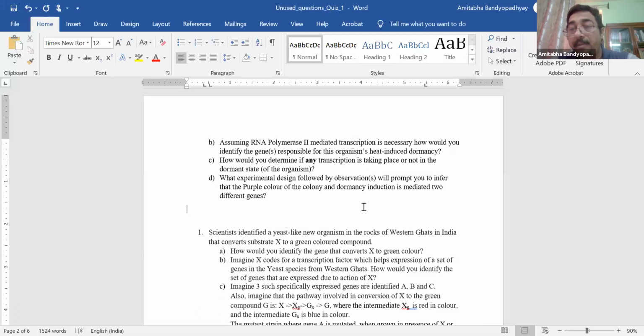But if you get mutants which are sectoring, meaning some mutants can still produce the purple color but cannot undergo dormancy, and some mutants can undergo dormancy but cannot produce purple color, then this is a very good hint that they are mediated by two different genes, and then a complementation analysis will seal it, right? Okay, sir.